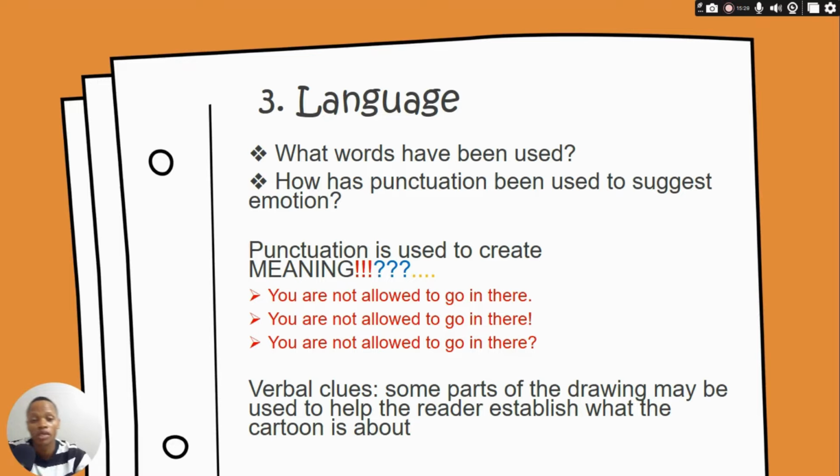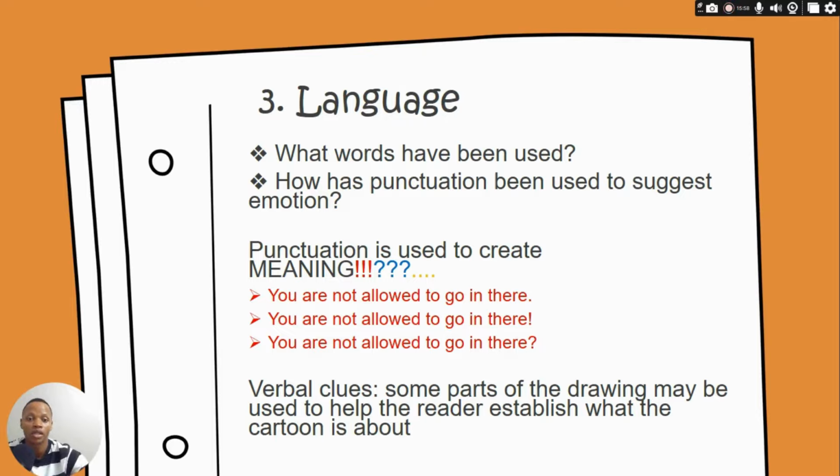You are not allowed to go in there. That's basically a command. You are not allowed to go in there. Oh, it could be a command or it could be a statement. You are not allowed to go in there! There's an exclamation mark there, that's putting emphasis or shouting, and it just shows you how punctuation creates meaning.